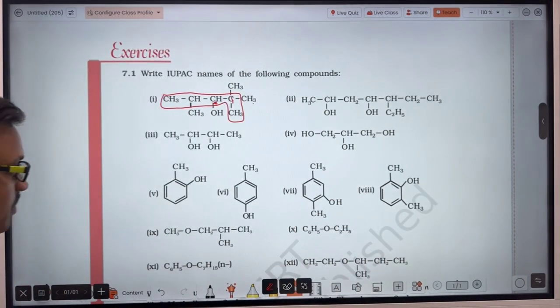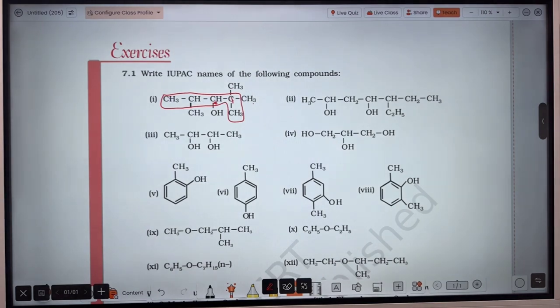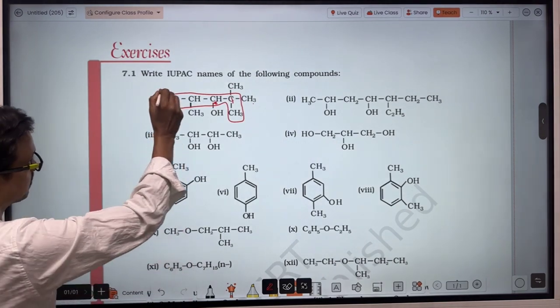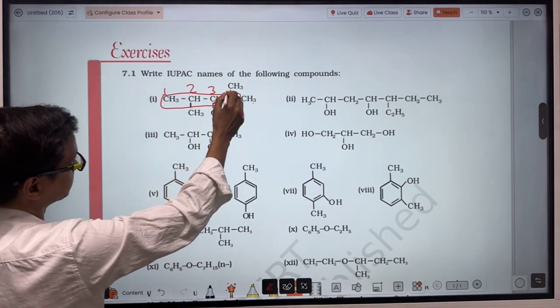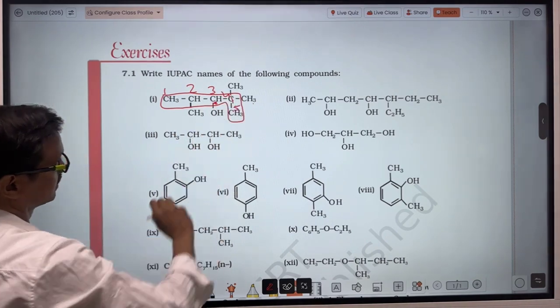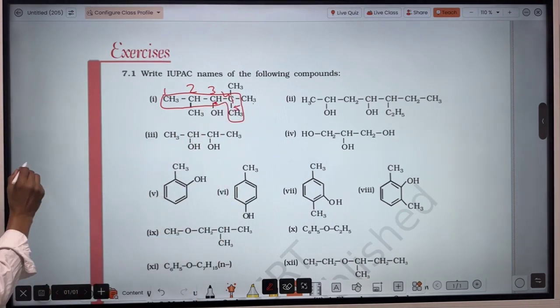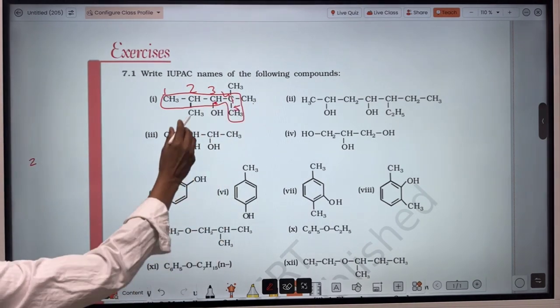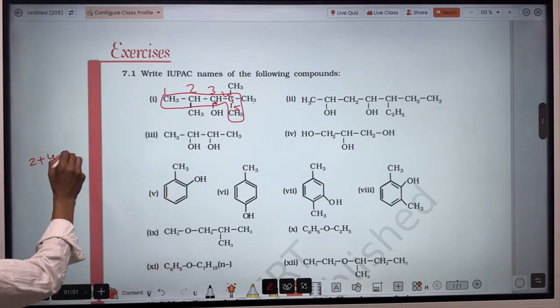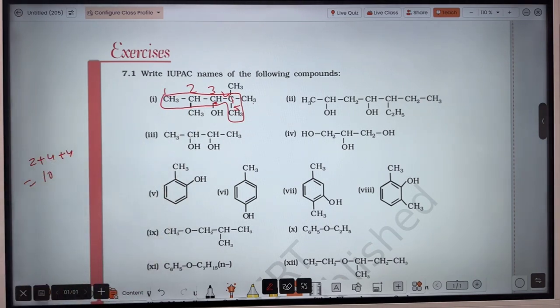So now consider the lowest sum rule. When you do the numbering from this side, 1, 2, 3, 4, 5, then a substituent is at second position, and at fourth position there are 2 substituents, so the sum is 10.